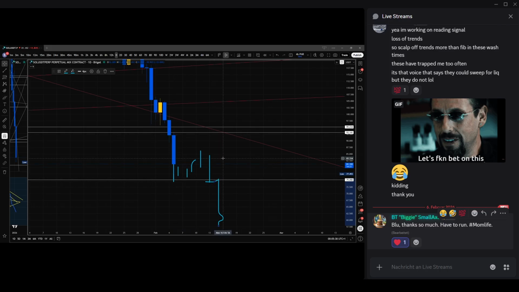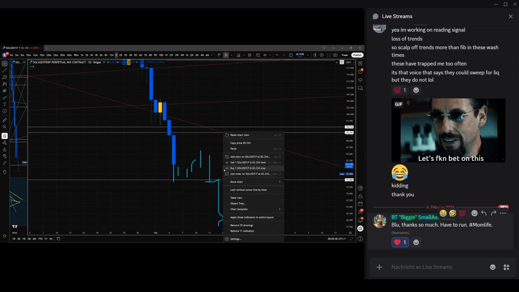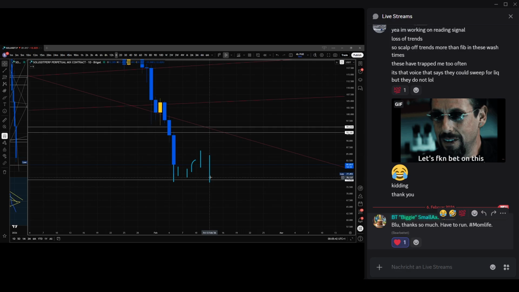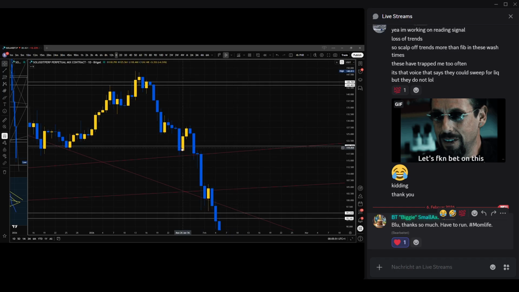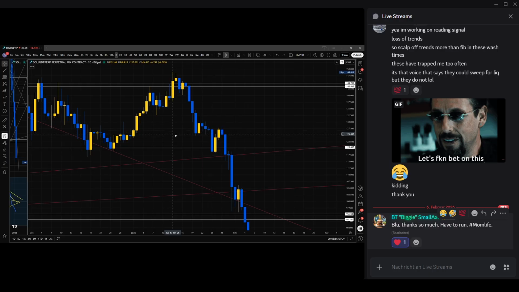I am personally not the biggest fan of doing such shorts because whenever I try it, doesn't mean that others don't have success with it, I usually get caught up in traps like this, and they can hurt a lot.